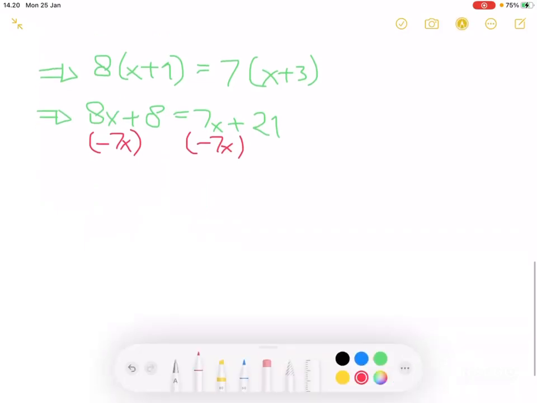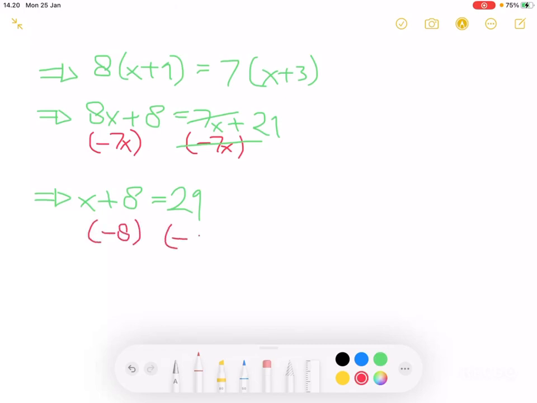Negative 7x and 7x cancel, so we have x plus 8 is equal to 21. Subtracting 8 from both sides, x is equal to 21 minus 8, which is 13.